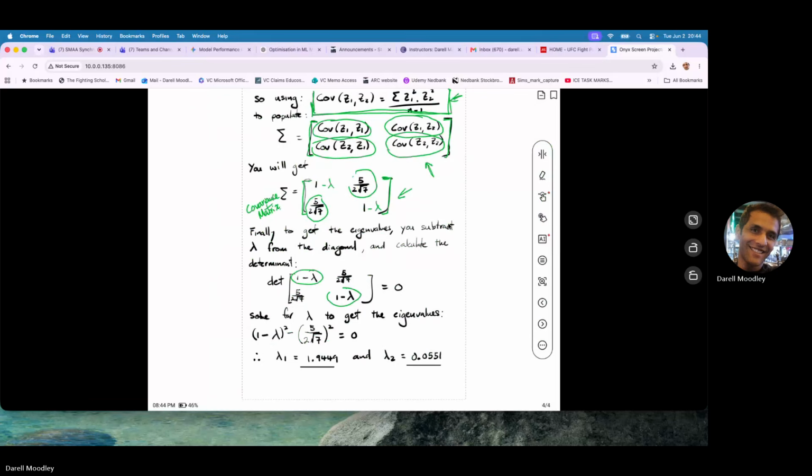Then I find the determinant of this matrix, equate it to 0, and solve for lambda. The determinant is given by this equation. You should be familiar with how to calculate the determinant. If you're not, look it up. You're going to be doing it for a 3x3 matrix instead.